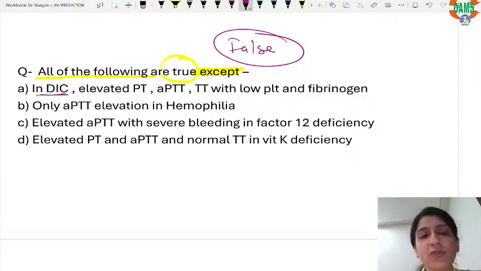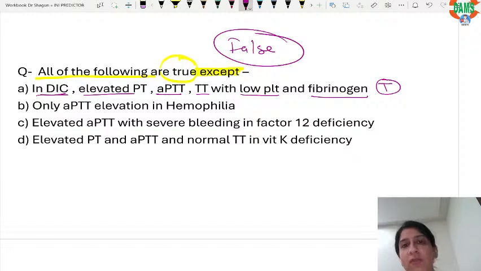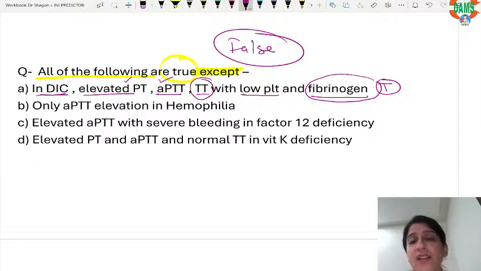In DIC, you see elevated PT, APTT, TT with low platelet and fibrinogen. Absolutely true. In DIC, both intrinsic and extrinsic pathways are activated, so PT and APTT both are going to be elevated. There is going to be a decrease in fibrinogen levels, so you will have elevated thrombin time as well. And yes, there is going to be thrombocytopenia as well.